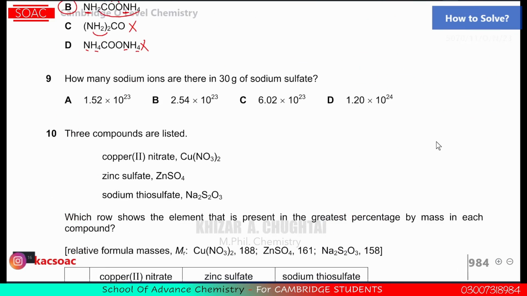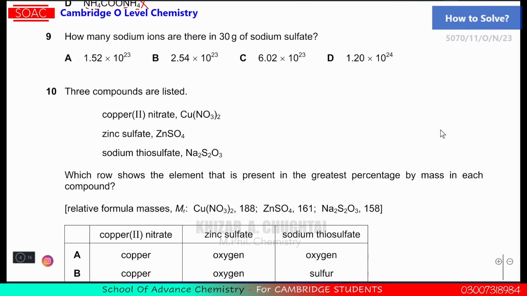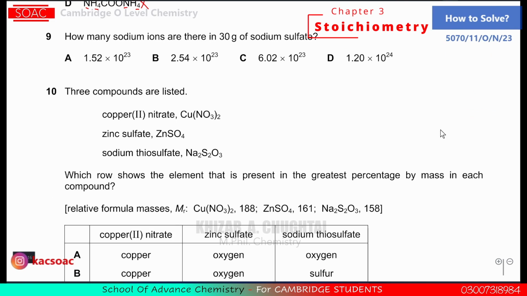Question number 9, how many sodium ions are there in 30 gram of sodium sulfate? Whenever we are going to find the number of ions, we will have to find the moles.